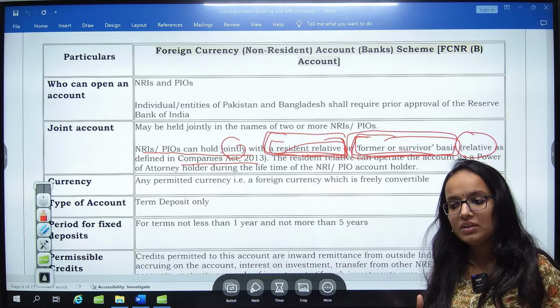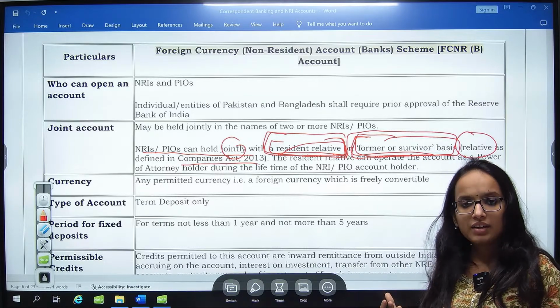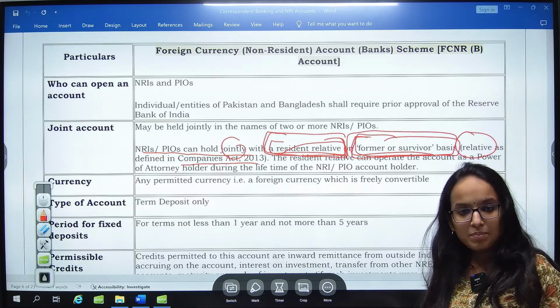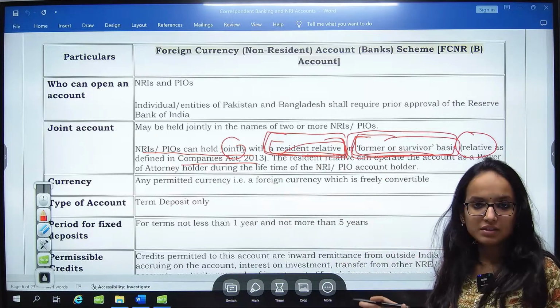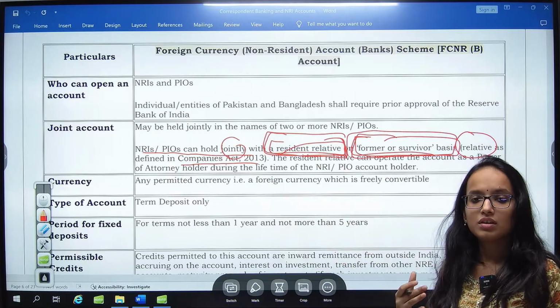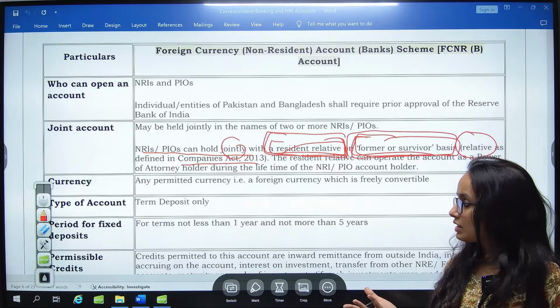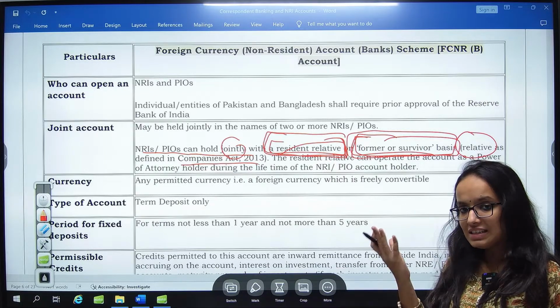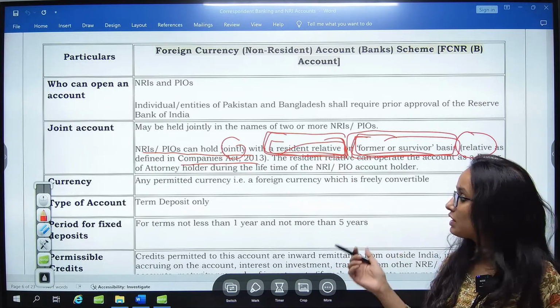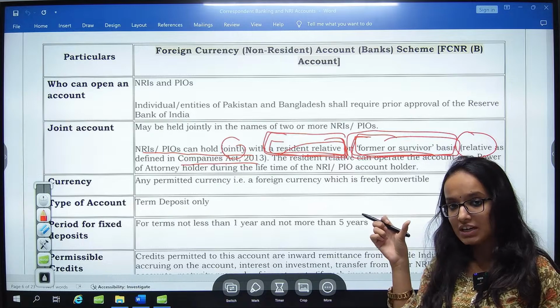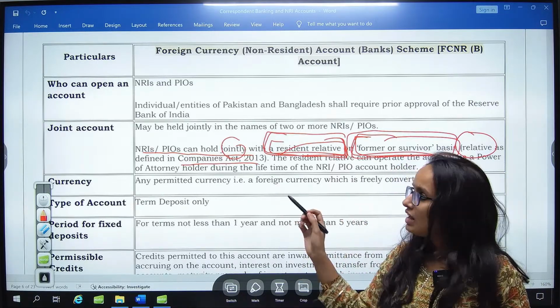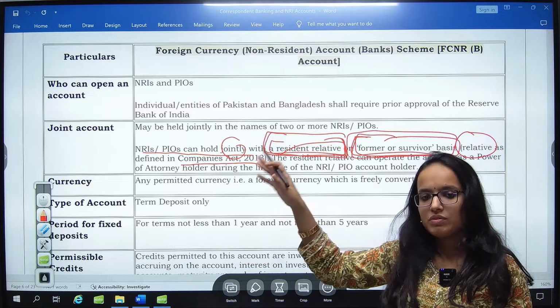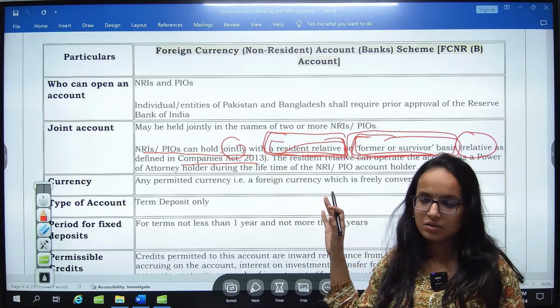That can be a father, mother, sister, daughter, stepfather, stepmother, all these things we have discussed as per Companies Act. Wife, son, all these things. So these individuals can be relatives, the term being particularly defined under your Companies Act 2013, that is mentioned above in the PDF which we discussed in the last class.